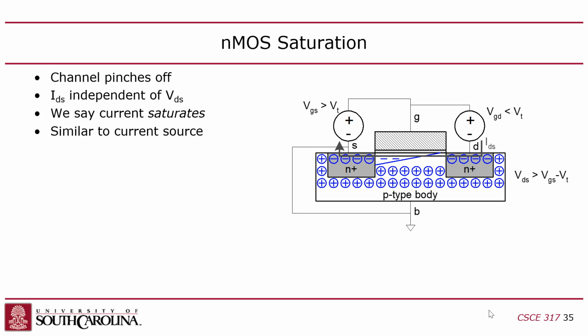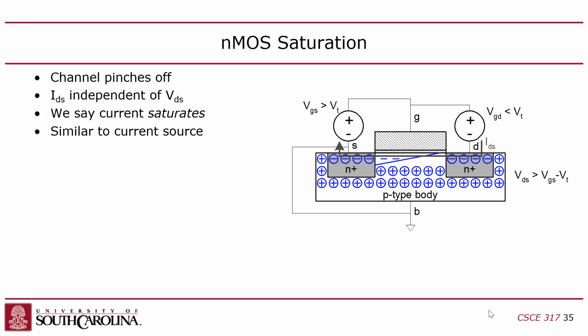Remember, the channel is basically like a wire. If I put a big drop between these two terminals, the voltage along that wire is going to start out at one side and then gradually decrease until it hits the other side. What that does is it takes the gate-channel voltage toward the part with the higher voltage, and it sort of pinches it off, right?